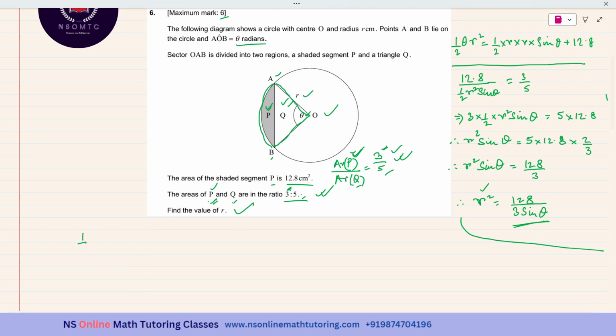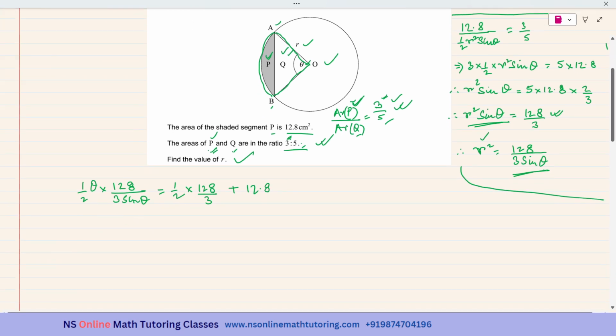It is half theta r squared, and in place of r squared I write 128 divided by 3 sine theta, equal to half r squared sine theta, and we have the r squared sine theta expression, 128 over 3, plus 12.8. Now you see the equation contains only theta.